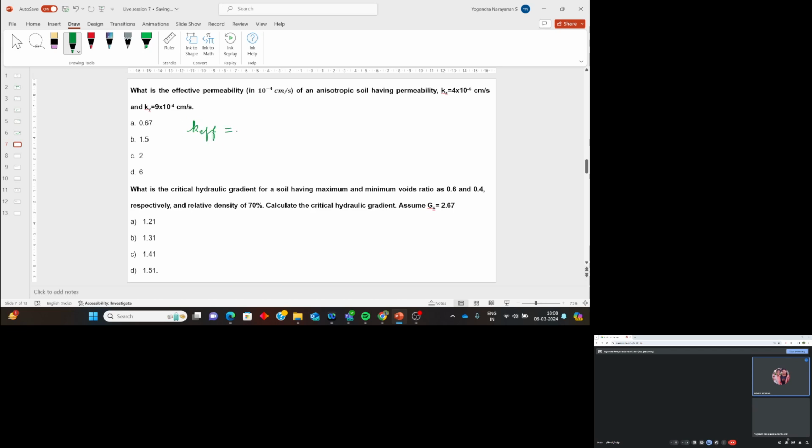When you have this, the effective permeability will be root over Kx into Ky. You just take the square root and use this formula. Please solve and let me know the answer.